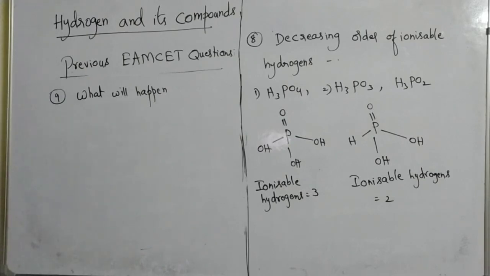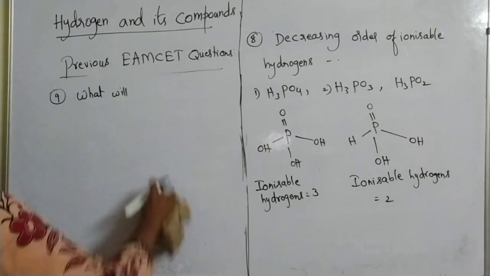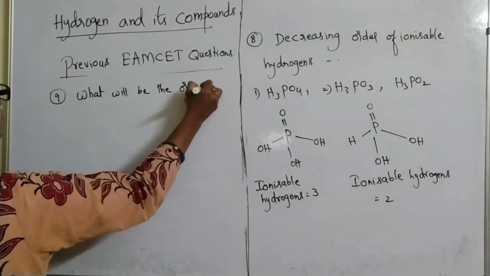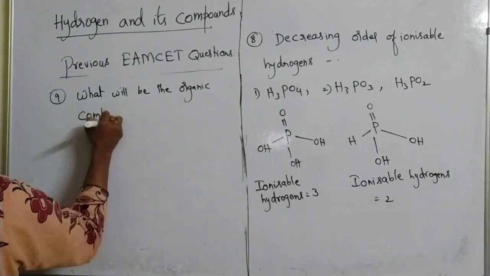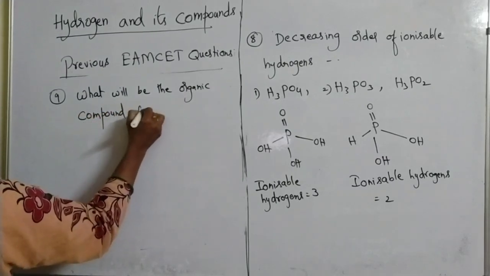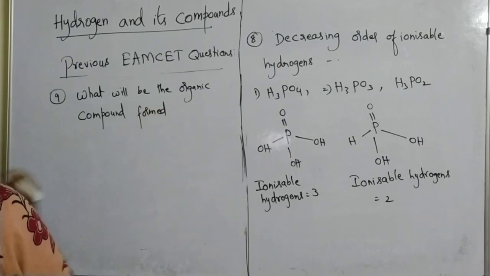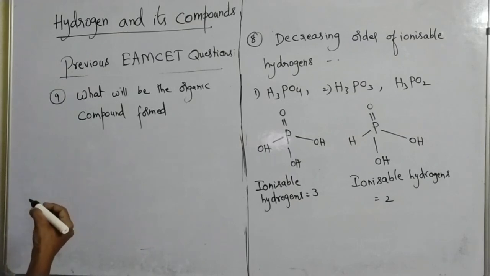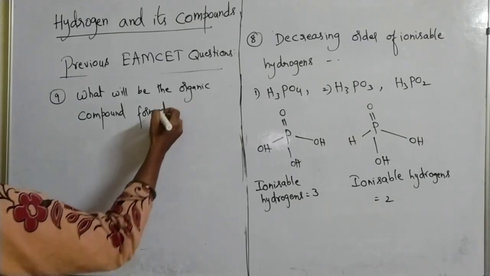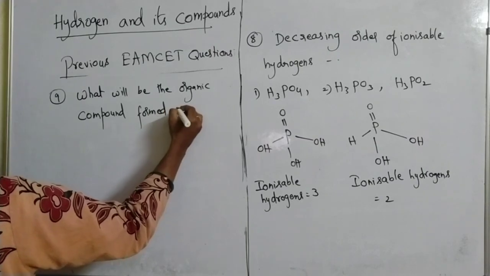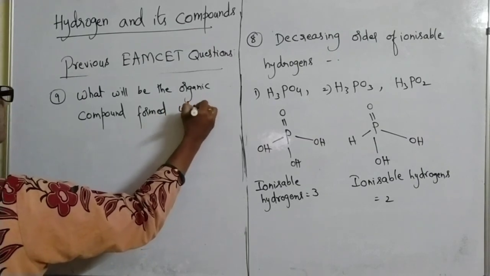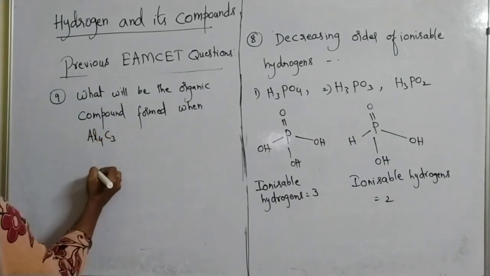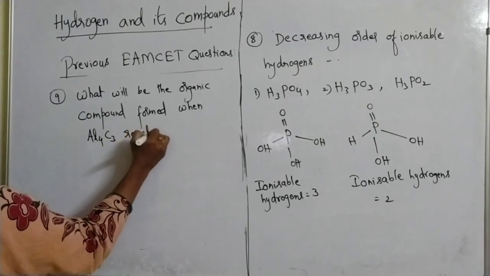Not what will happen, but what will be the organic compound formed when aluminum carbide reacts with deuterated water? Aluminum carbide means Al4C3, reacting with heavy water.